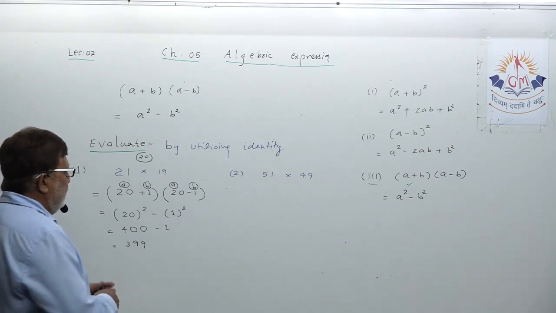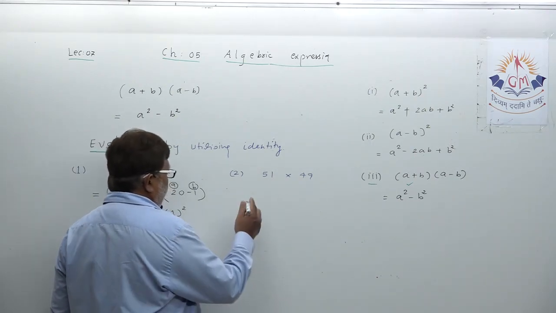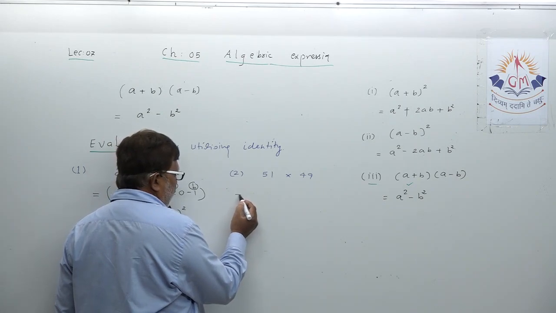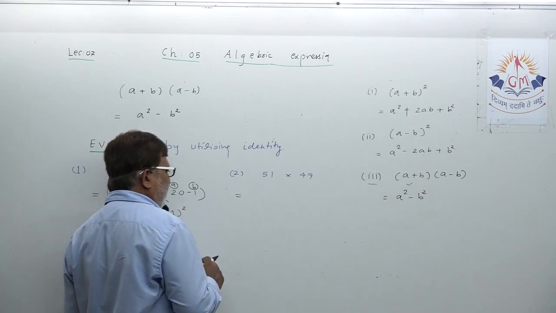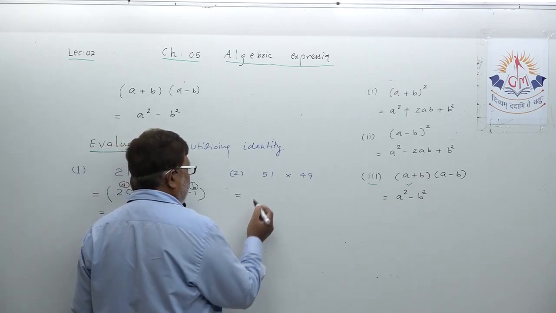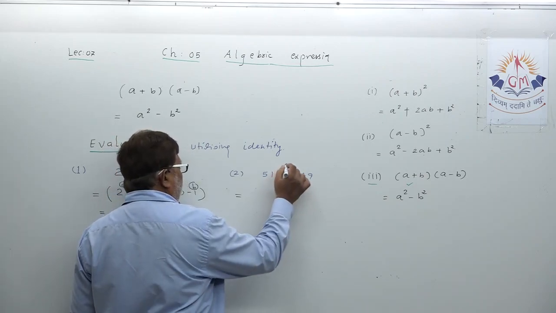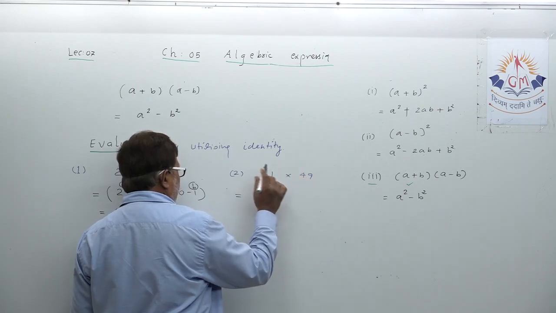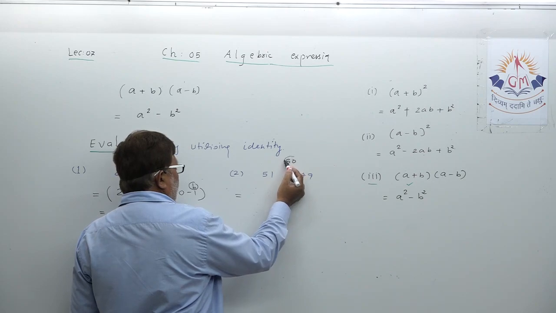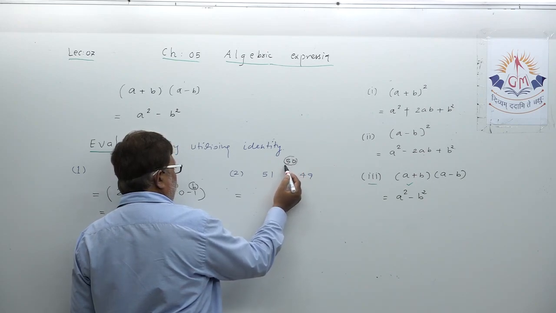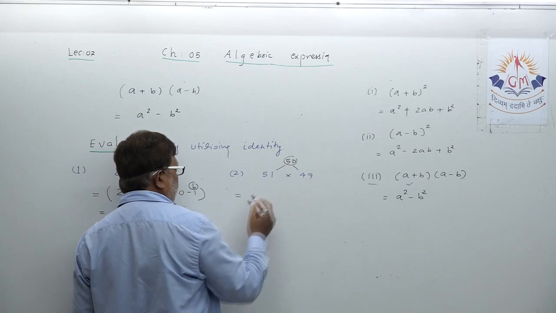Understand? Many students must have tried, they just have to verify against the example. 51 into 49. The common number, dear student, you must have guessed, is 50. 50 is a number nearer to both of these.